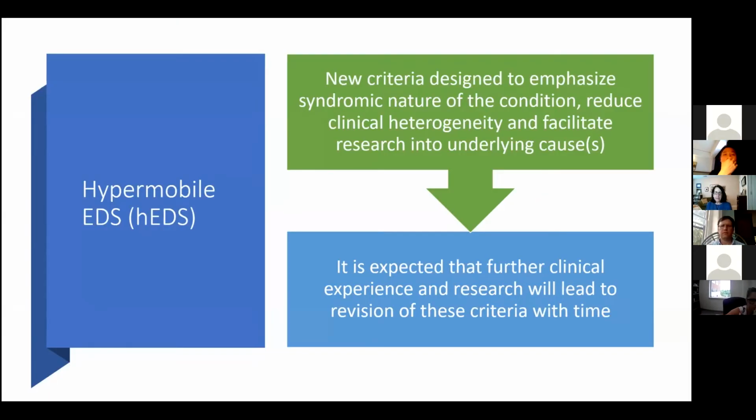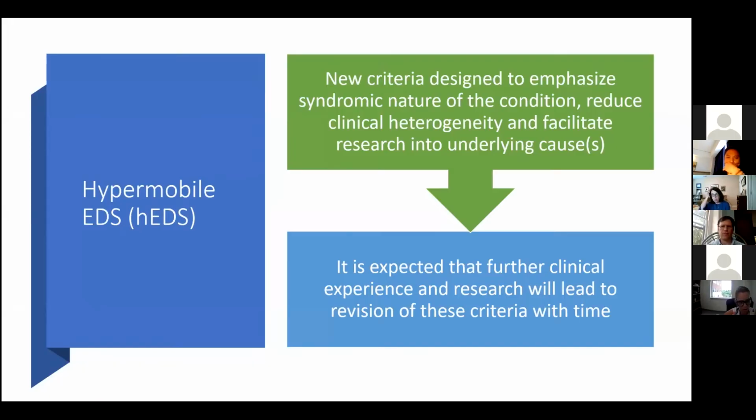Okay, moving on to the hypermobile type of Ehlers-Danlos syndrome. The criteria that were offered in 2017 were designed to emphasize the syndromic nature of the condition, to reduce clinical heterogeneity, and to facilitate research into the underlying causes of hypermobile EDS.